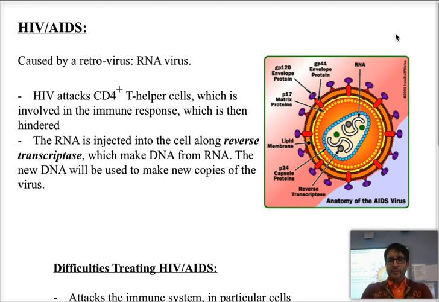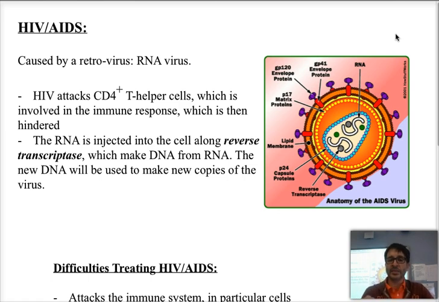Just like we talked about before, it is very difficult to act on this because it is a virus. The drugs that are being used to attack HIV are antiretroviral drugs, which stop the process. They stop the enzymes that read RNA and make DNA.